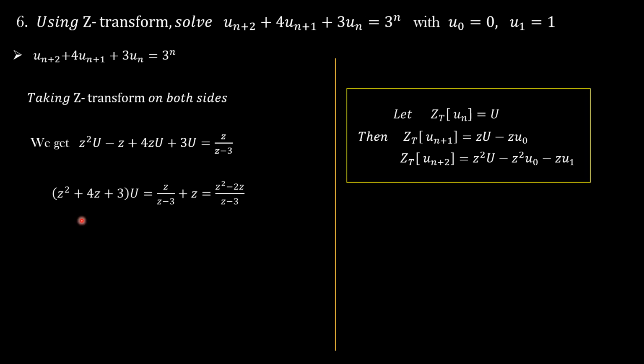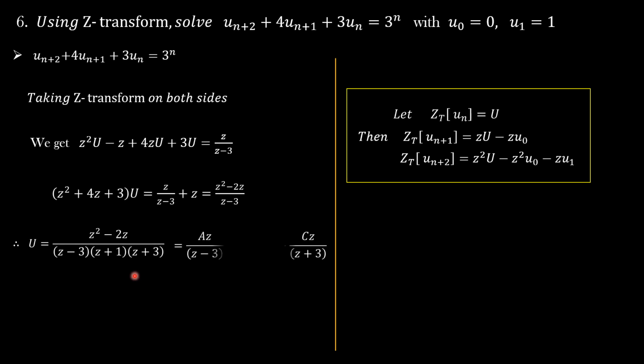By taking U common, (z² + 4z + 3)U is equal to (z² − 2z)/(z − 3). Therefore, U is equal to (z² − 2z)/((z − 3)(z + 1)(z + 3)).